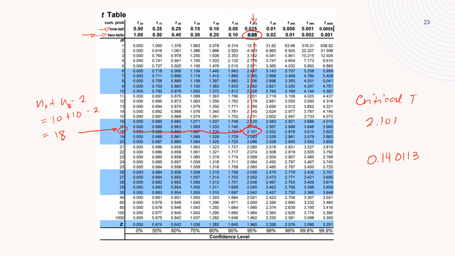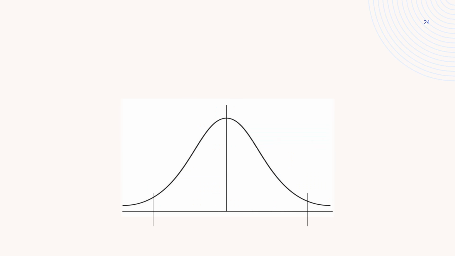Now, going back to our t-stat, which is 0.14013, I bet it's obvious that there is no significant difference between the two. Okay, but for now, let's try to illustrate that. So here is our normal distribution curve. We have a two-tailed test, so our critical value is going to be over here. This is our area of rejection, which is demarcated by 2.101, negative on the left side, and positive on the right side.